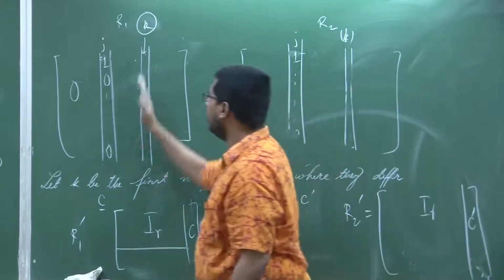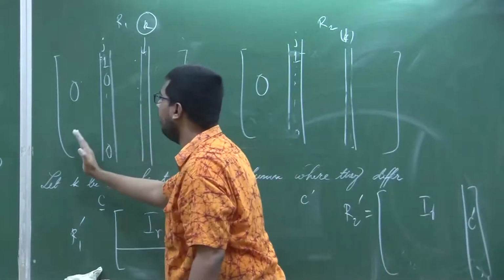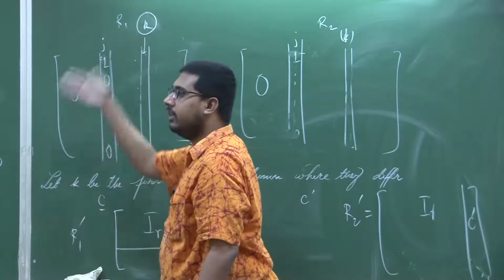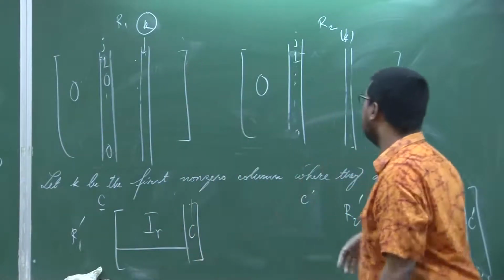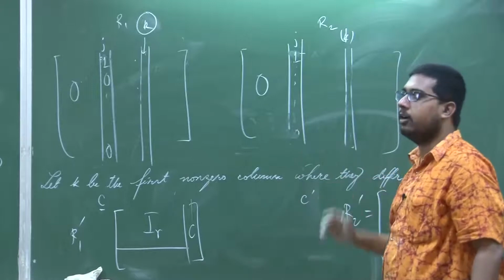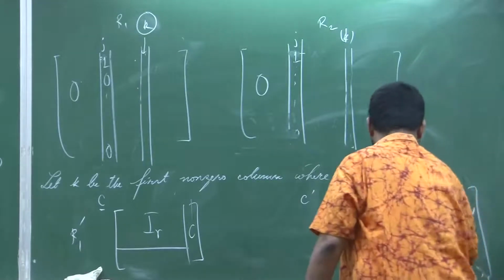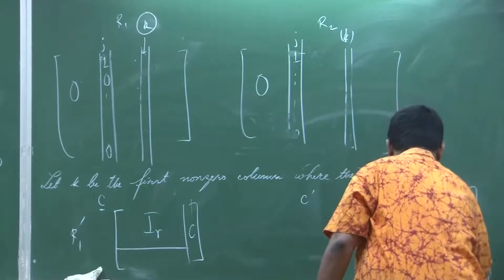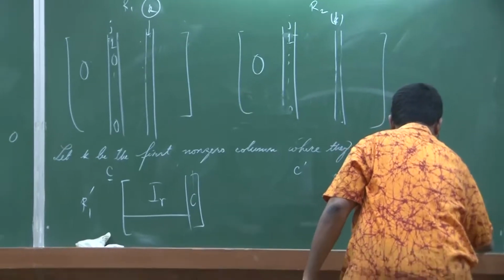Again, let me repeat: the columns to the left of the kth column in R1 which contain pivots are the same as those in R2. So, here also the R2 dash matrix will look like this.